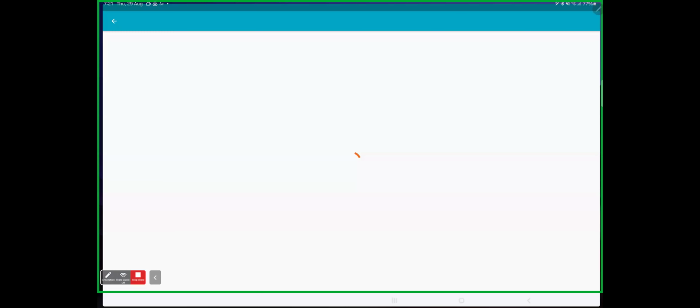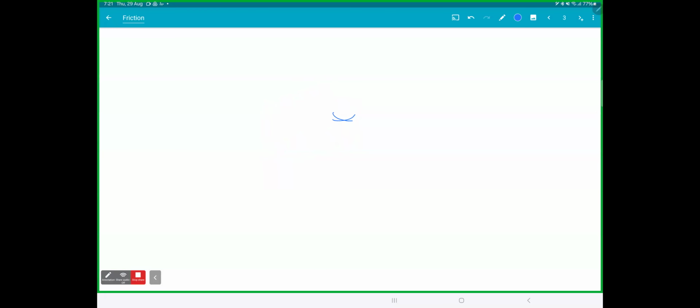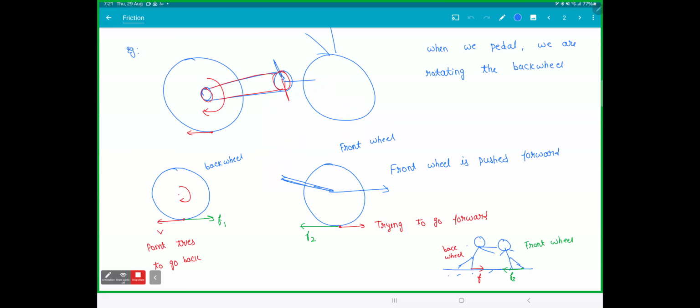I hope the concept is clear. After seeing such a big scene, the concept should be clear. That is how cars work. Most of the vehicles are two-wheel drive. So when you start the engine, only the back wheels are rotating, front wheels don't have power. If that had been a four-wheel drive, the car would have pulled John Abraham and he would have been dragged on the floor. So, luckily, it's not a four-wheel drive.